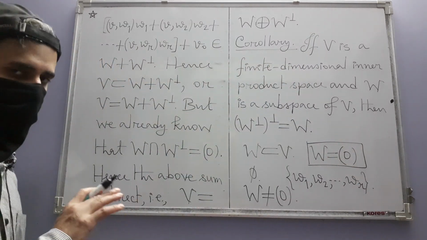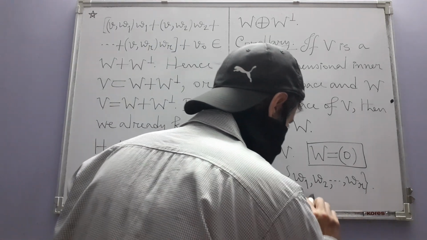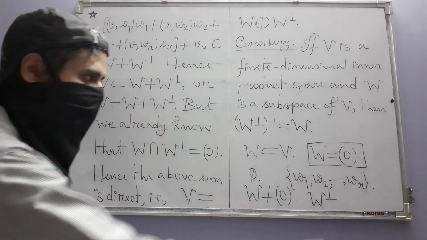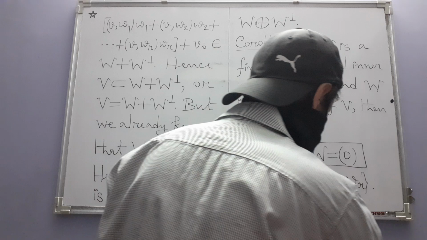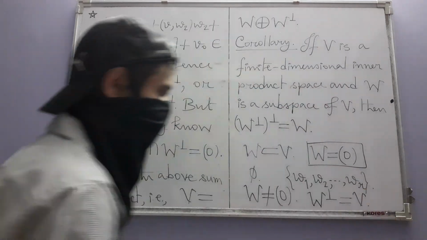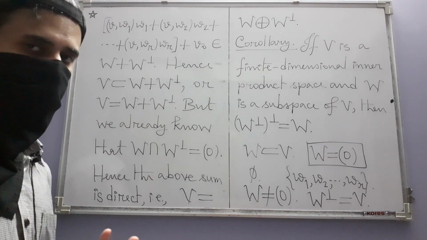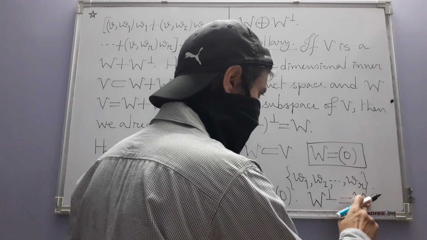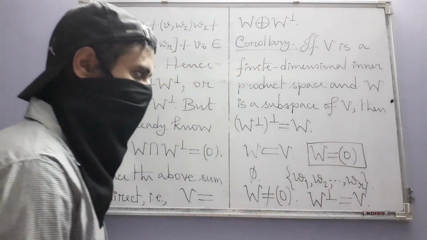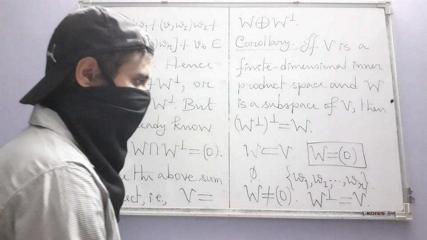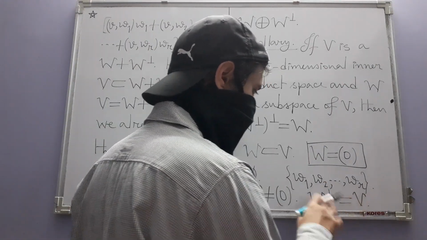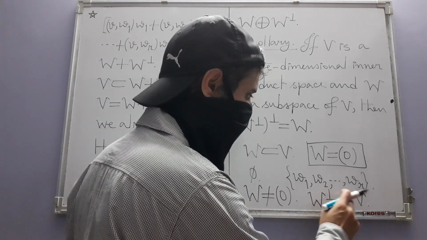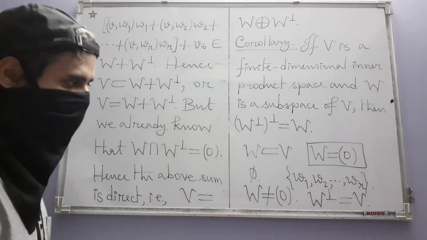I am not going to go into the details, but it's very easy to see that W orthogonal, if W is the zero space, is nothing but V itself. That's because you take any vector from V, that is going to be orthogonal to the zero vector, and that is why any vector in V belongs to the orthogonal complement of W, and as such the orthogonal complement is the entire vector space V.